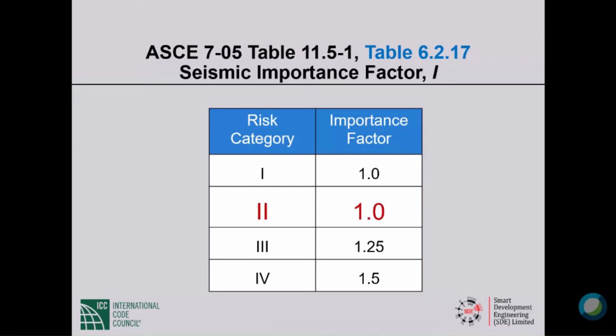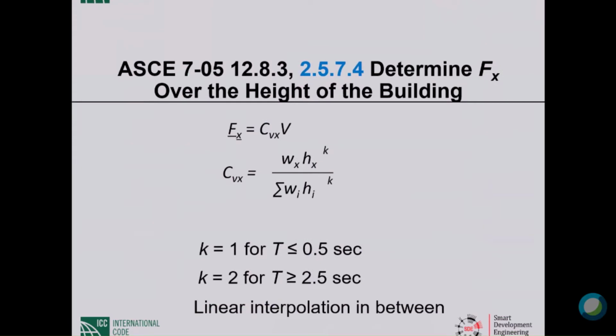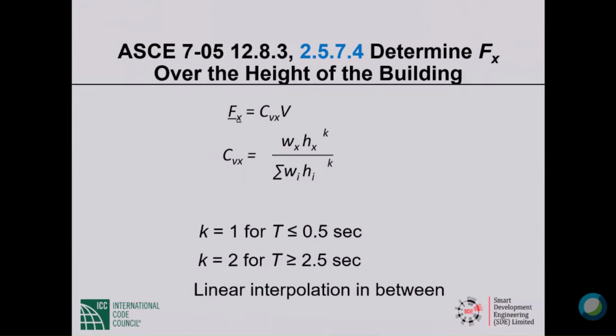So please change that to occupancy category. Anyway, occupancy category 1 and 2, so unimportant buildings as well as standard occupancy, I is 1. Assembly buildings, schools and so forth, 1.25, and essential facilities and hazardous facilities 1.5. Pretty simple.